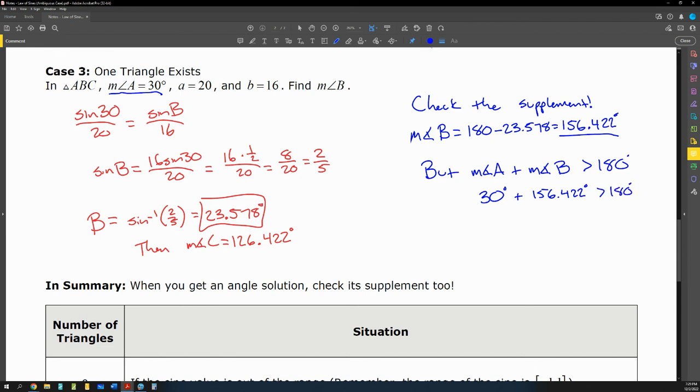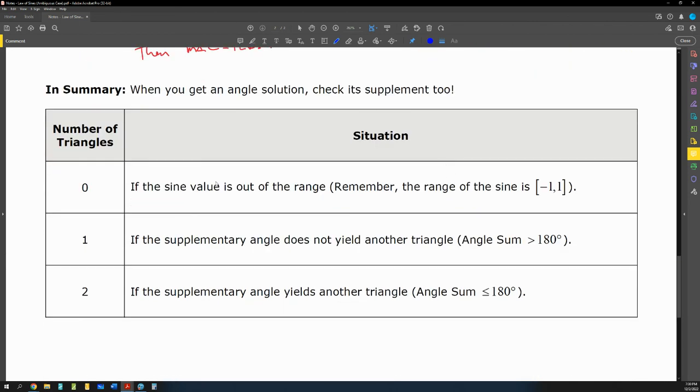Okay, so therefore, the measure of angle B cannot be equal to 156.422. Okay, we exclude this answer because it does not define a triangle. Therefore, our only solution here is where B is equal to 23.578 degrees.